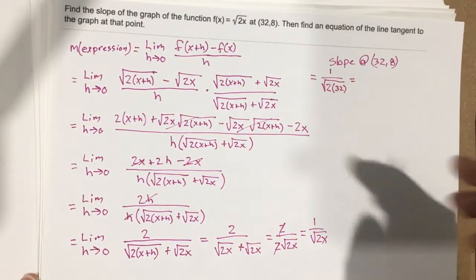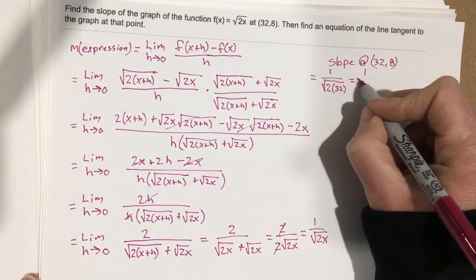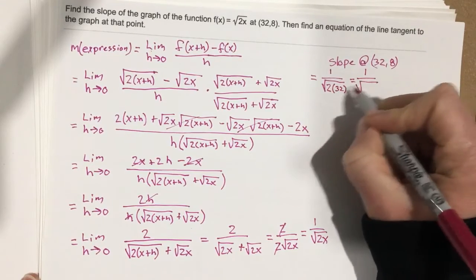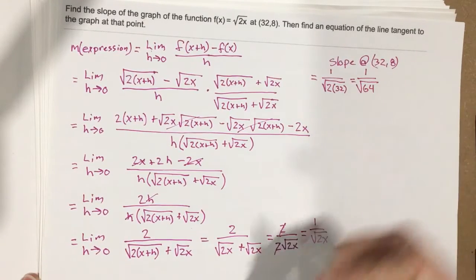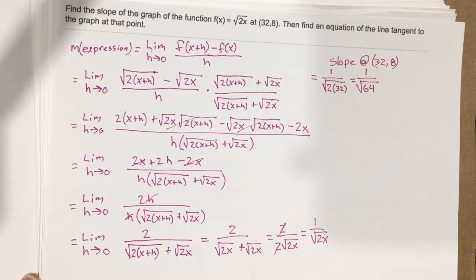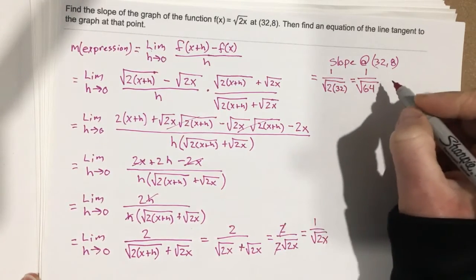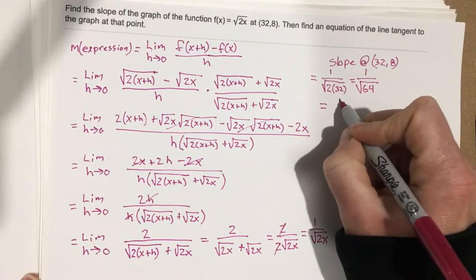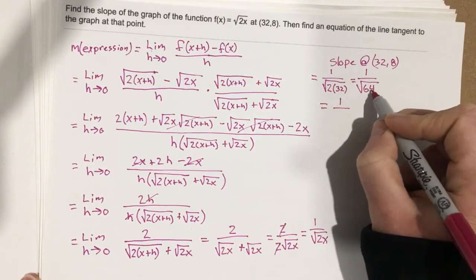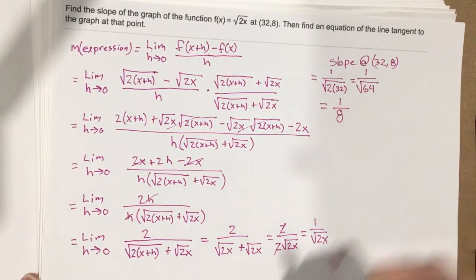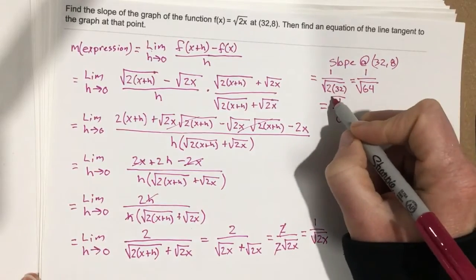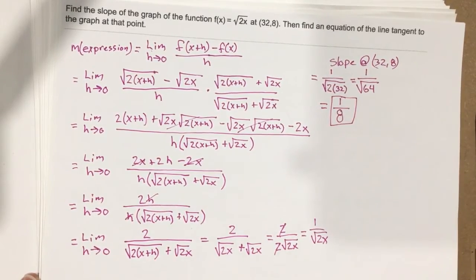So when we do that, we're going to get 1 over root 64. And that should give us 1 over, well, root of 64 is 8. So our slope is 1/8.